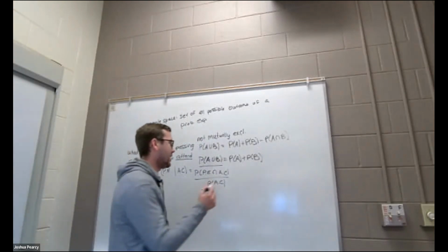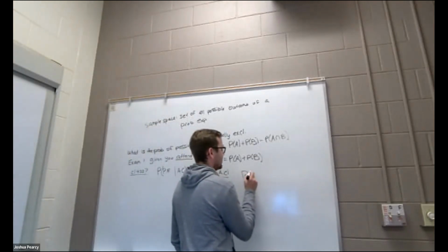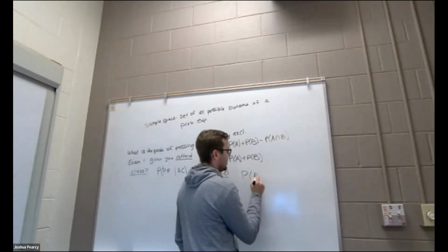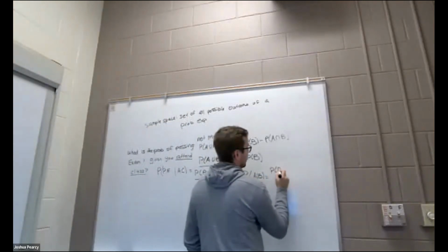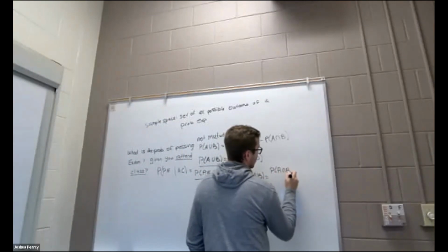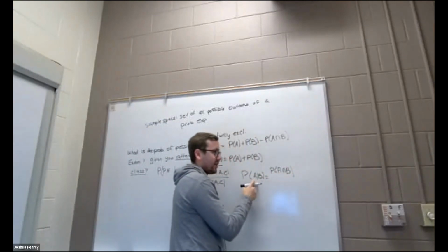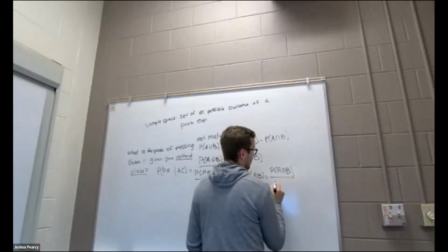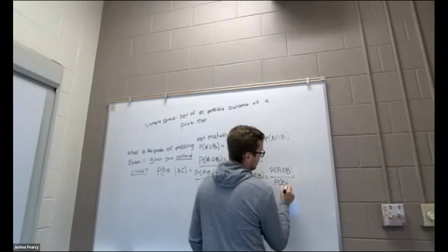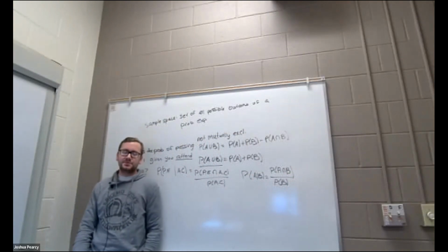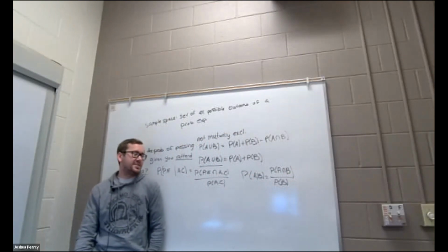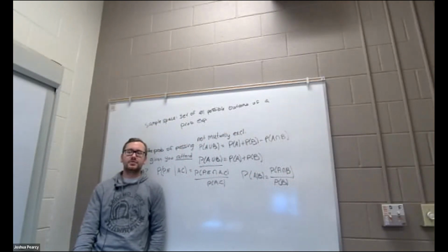So another way you could write it is the probability of A given B is equal to the probability of the intersection A and B divided by the probability of the given term, probability of B. Whenever we talked about this, I kind of used a tree to illustrate it.